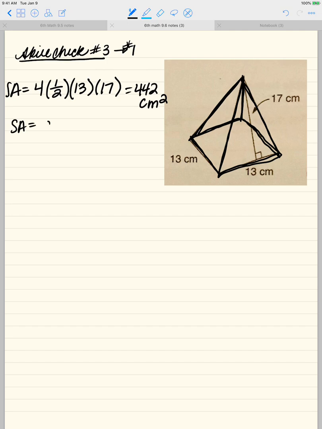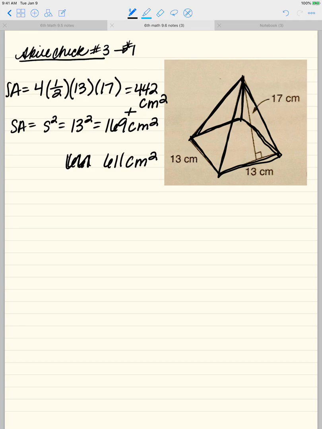There's just 1 square. Side squared is 13 squared, which, hopefully you know, is 169 centimeters squared. Add those 2 together to get the total surface area, and you have 611 centimeters squared.